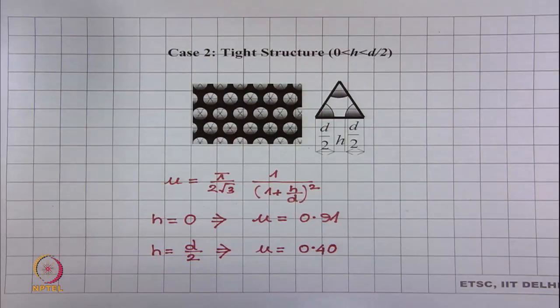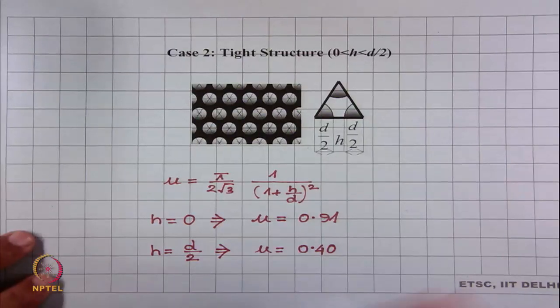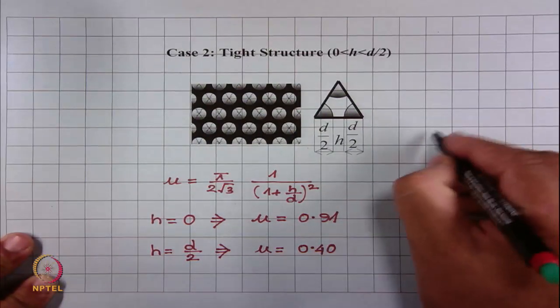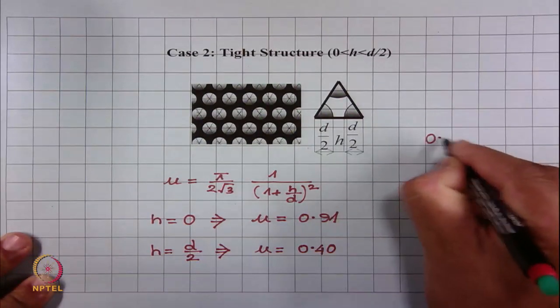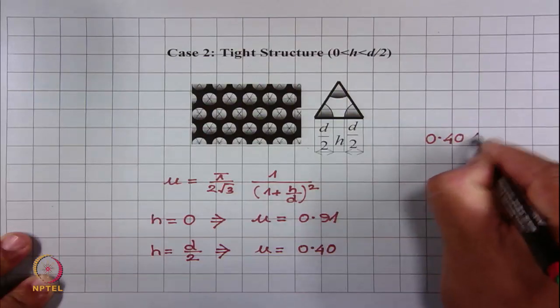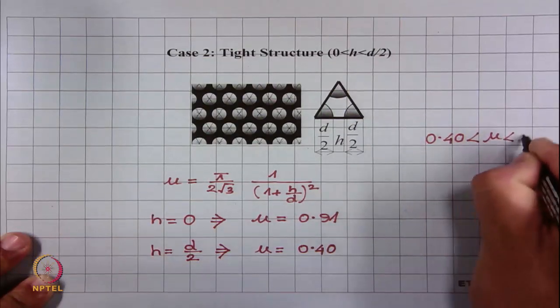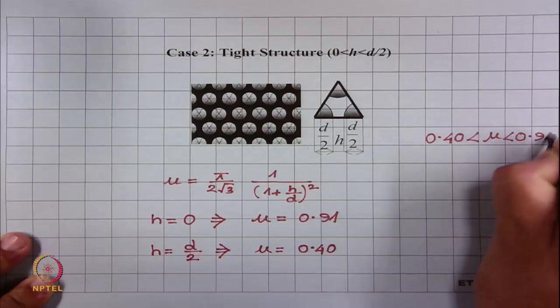That means, the packing density of this structure will range from 0.4 to 0.91.